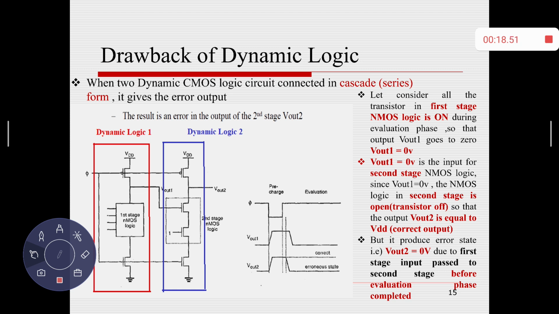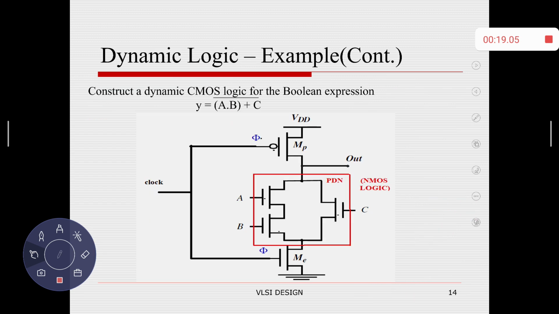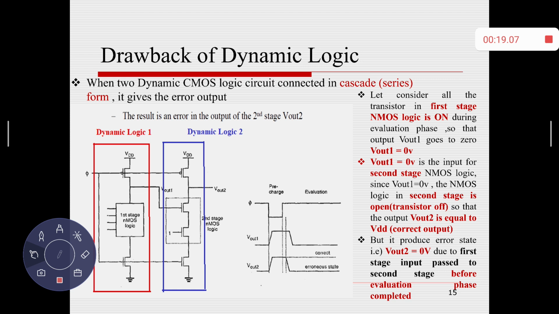Since V out is 0, in the second stage of NMOS logic the first NMOS transistor will be off. So V out 2 is supposed to stay at VDD level. This is the correct statement.